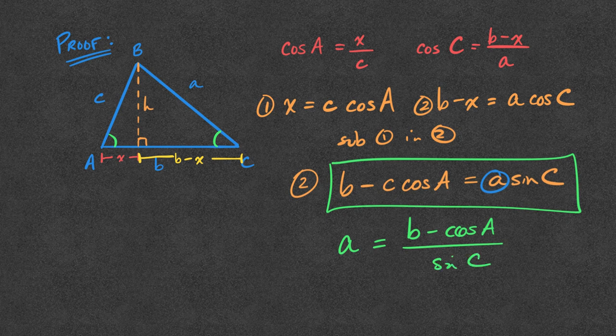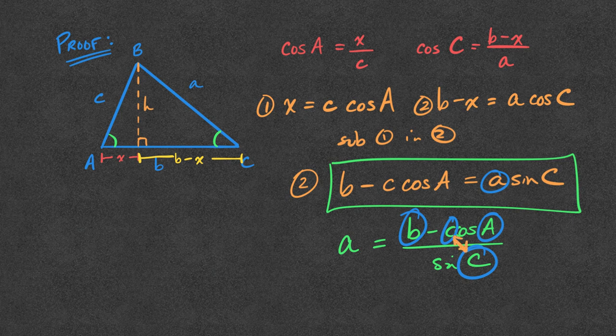For me to find side A on that triangle, I would need to know what side B was, what side C was, so I'd need to know two of those sides. I'd have to know what angle A was, and what angle C was. Can I just highlight something to you?